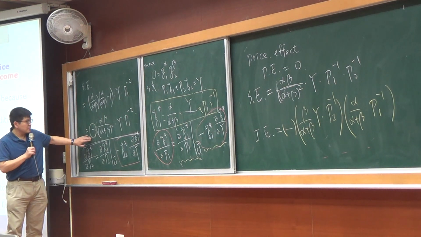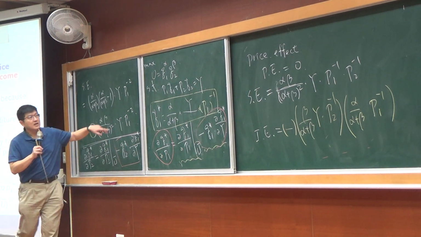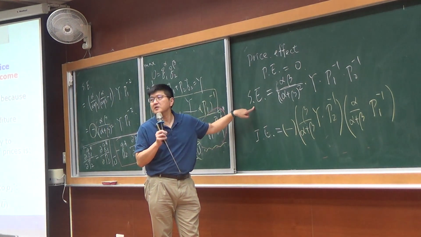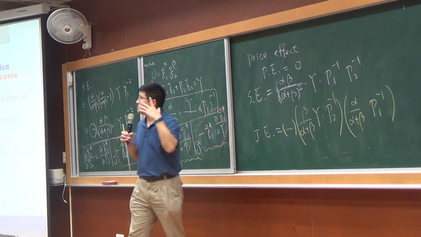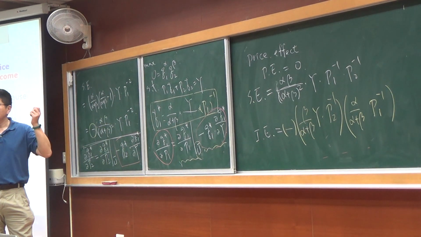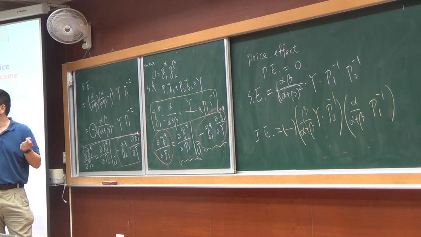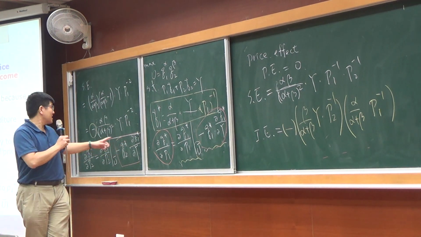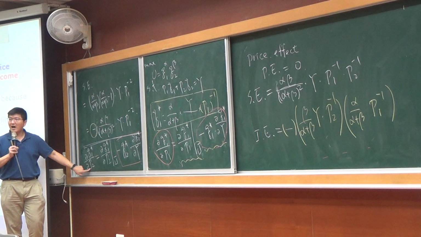So here the substitution effect is negative. However, you see the substitution effect here is positive. And you will say, oh, Roger, I remember you said the pure substitution effect is always negative, right? But that is about the price of the same good. Now the price is of the other good.